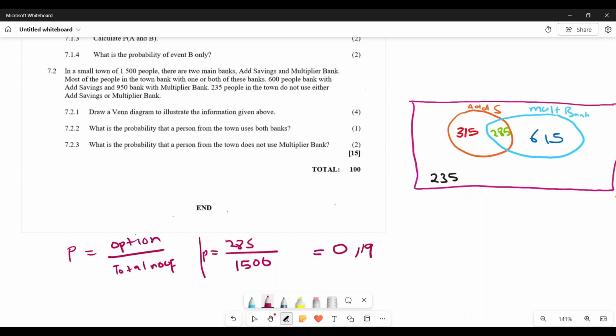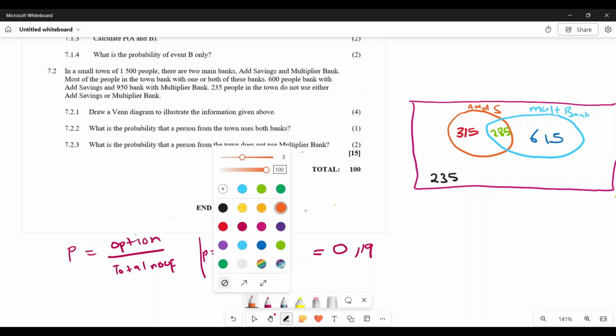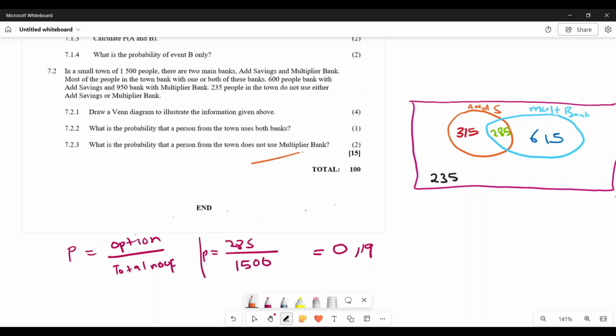Right. Now, what is the probability that a person from the town does not use Multiplier Bank? Now, this is important. It simply means that this person either uses Edge Savings Bank or does not bank at all. So how many people are using Edge Savings only? There are 315.